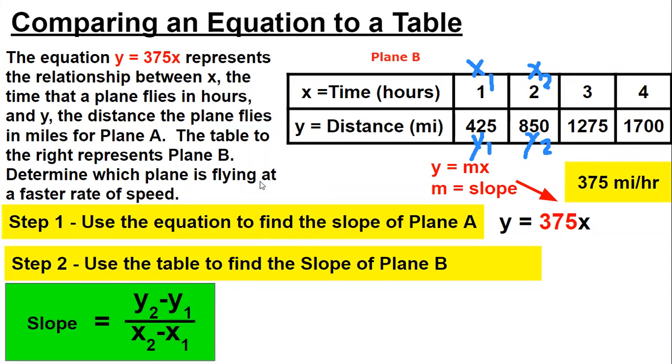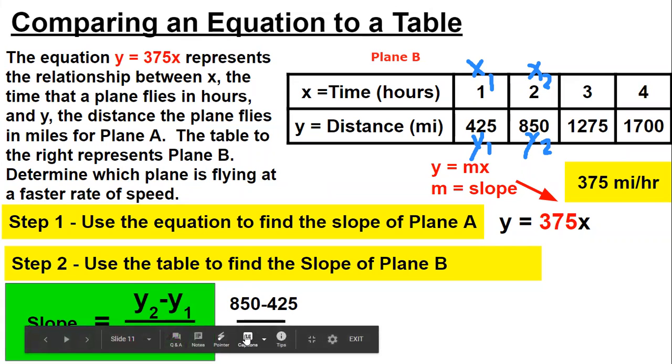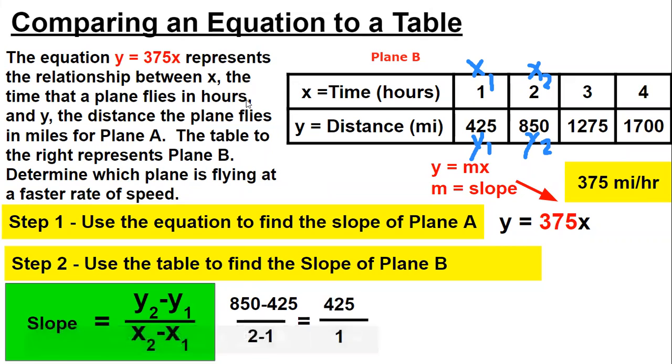So y2 minus y1 over x2 minus x1. I did 850 minus 425 over 2 minus 1. Notice how I paired 850 here. Now my black bar showed up, but 850 over the 2 and 425 over the 1. Then I did the math, and I get 425 over 1, which is the same as 425 miles per hour.